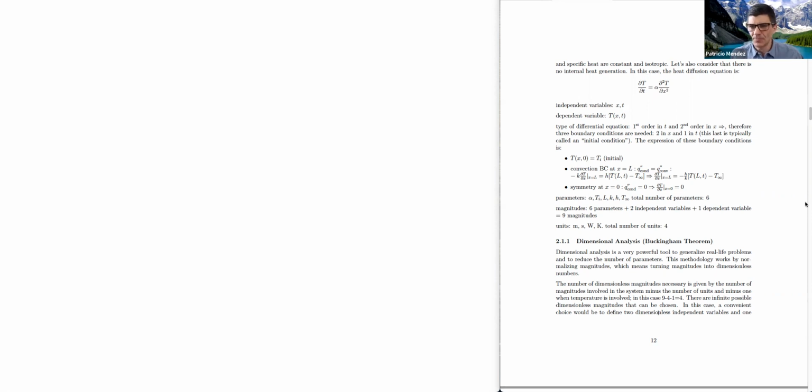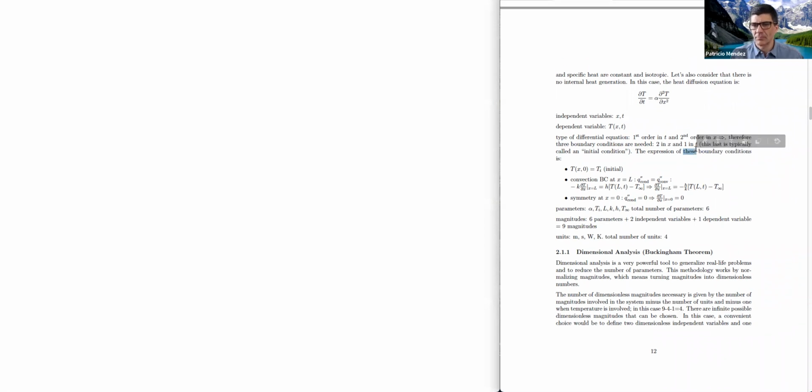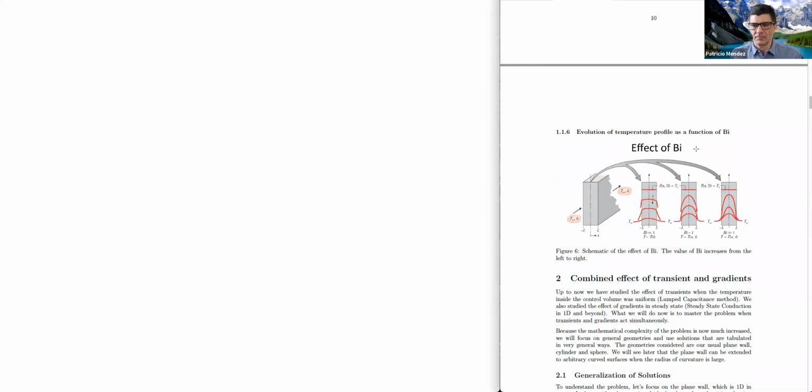I'm going to quickly revisit here the effect of Biot number on this case, a wall.